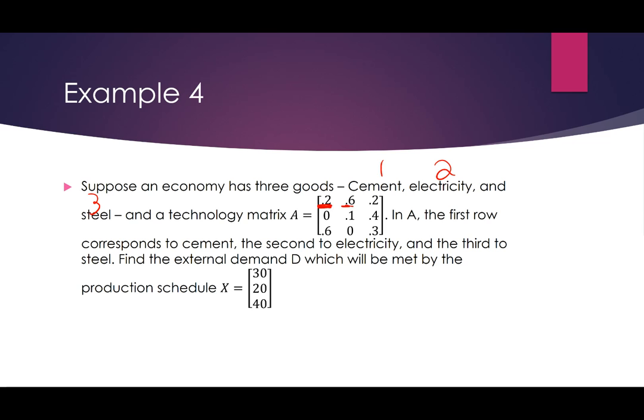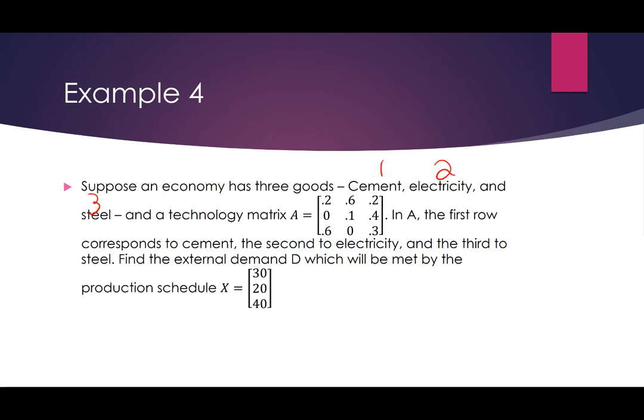This is how much electricity is used to make cement, and this is how much steel is used to make cement. And then the second row would be how much cement is used to make electricity, how much electricity is used to make electricity, and how much steel is used to make electricity. So that's a simple translation. And of course, steel to make cement, steel to make electricity, and steel to make steel.